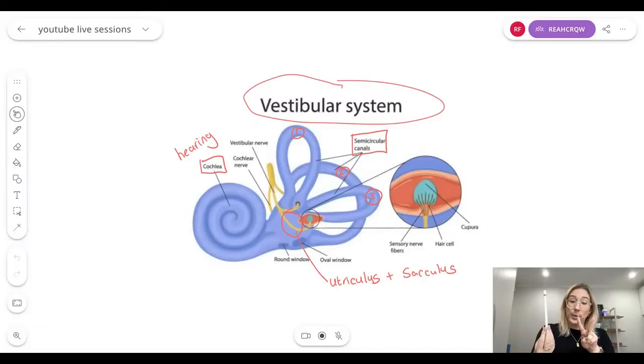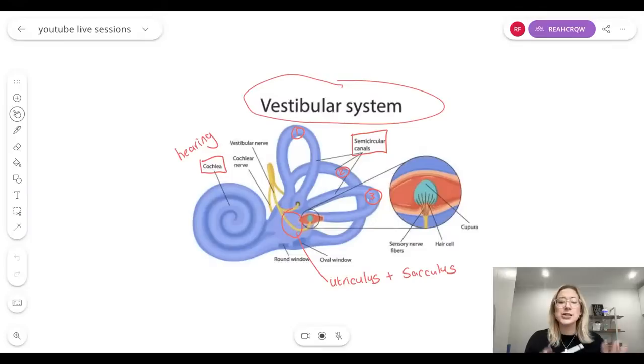One for the body posture going vertically and the other going horizontally. The semicircular canals, you have 3 of them because you need to know which direction the head is moving, or the whole body actually is moving. Is it moving forward, backward? Is it moving up and down? Or moving left and right? That's why you have 3.